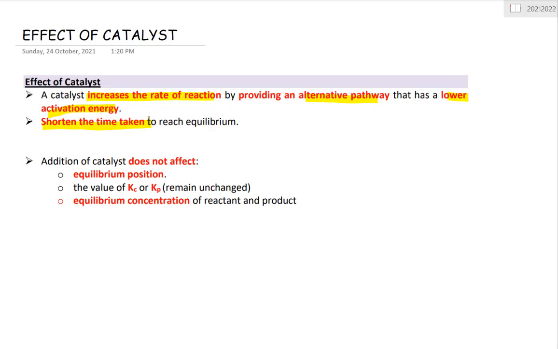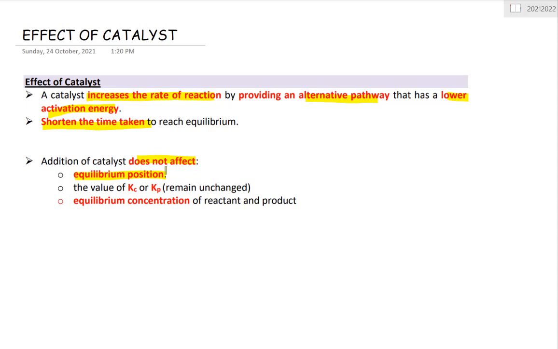Remember the functions of a catalyst: we want to increase the rate and we want to shorten the time taken. However, you need to remember that the addition of catalyst will not affect the equilibrium position. That means if I add catalyst into a reaction, the equilibrium position will remain unchanged.